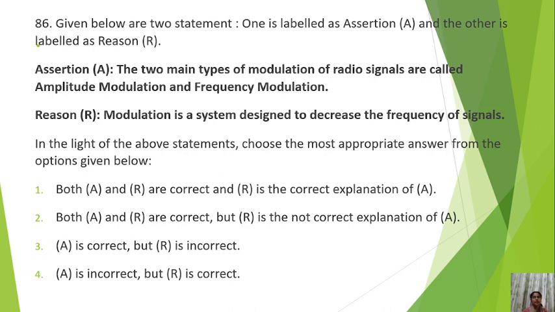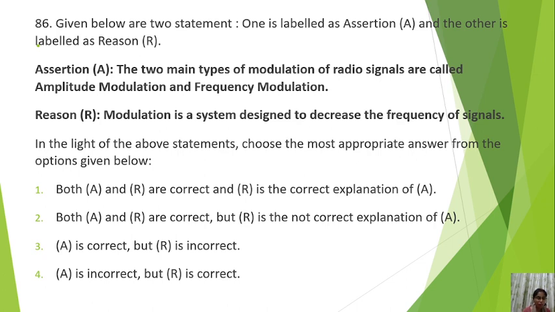So these are the assertion and reason questions. The assertion here is the two main types of modulation of radio signals are called amplitude modulation and frequency modulation. Reason is modulation is a system designed to decrease the frequency of signals. And then these are the options.